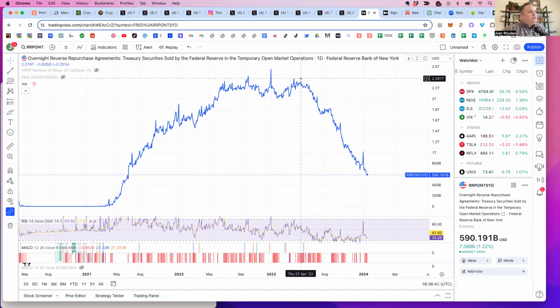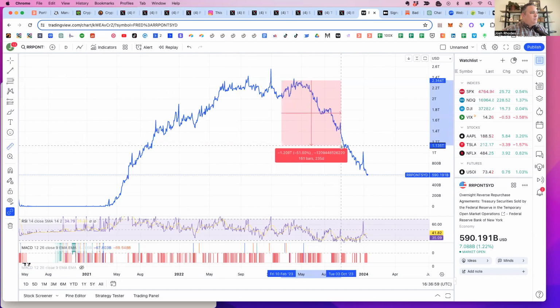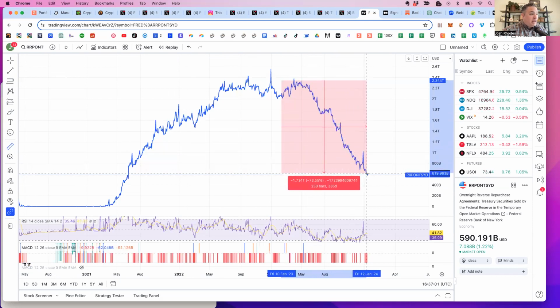Can anybody in the chat look at this chart, going back to January of last year, and see the trajectory of this checking account, buying treasuries from commercial banks and paying them back at higher rates.